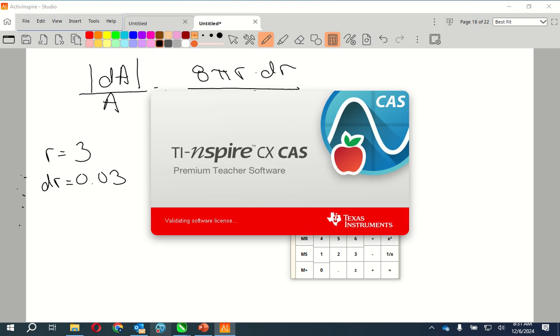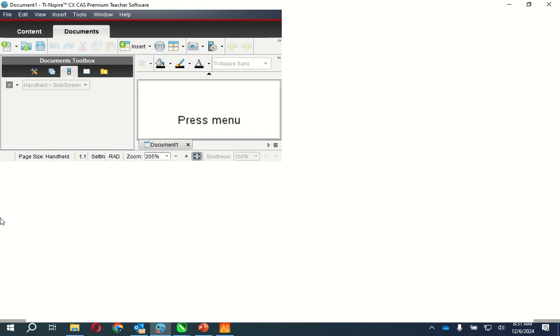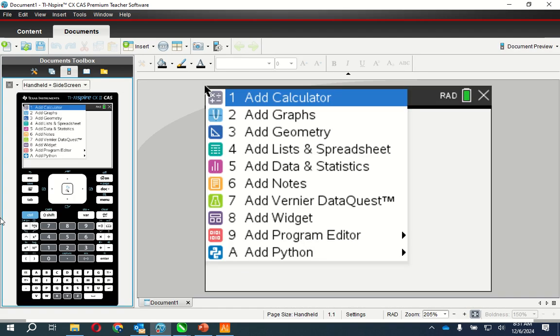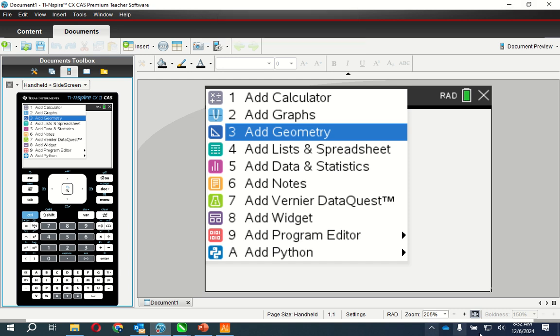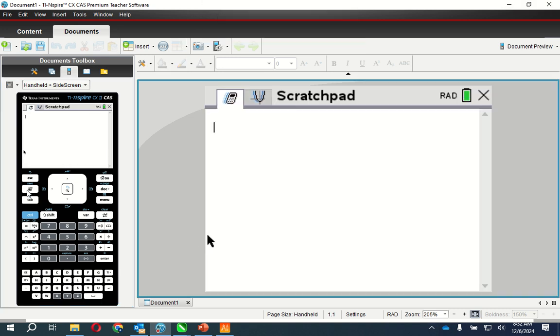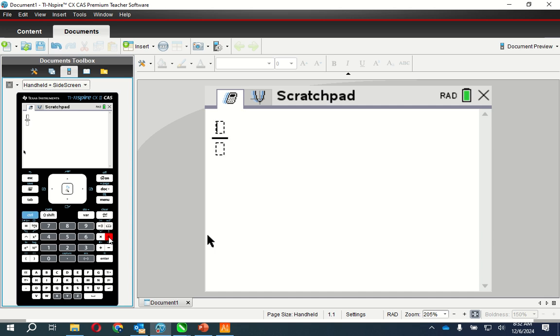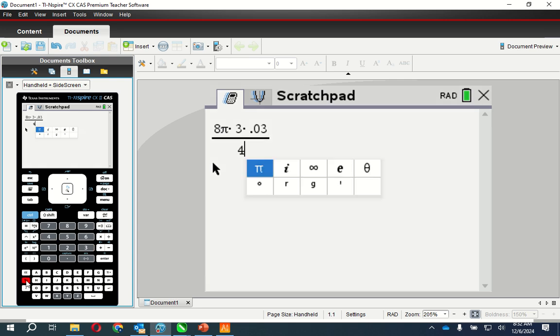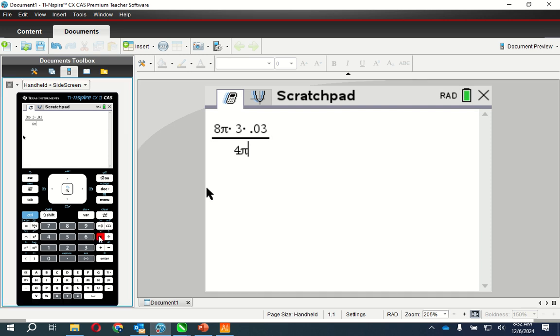Scratch pad here, control, divide. It was 8 pi times 3 times 0.03 divided by 4 pi times 3 squared. And we should get, there we go.